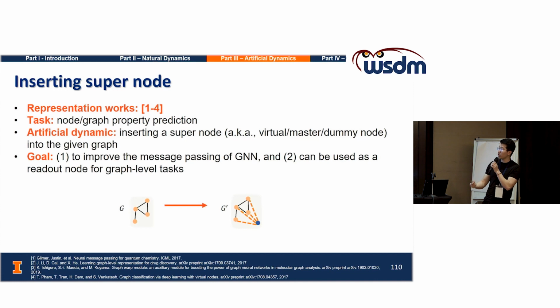As we mentioned in the first part, if we want to do graph-level tasks, the graph neural network's last step will be some readout function to generate a graph-level representation, right? But if we have a supernode connecting to all the original nodes, then the representation of the supernode can naturally be used as the representation of the graph itself.